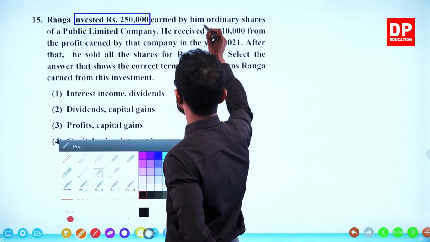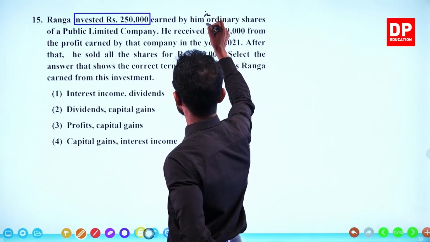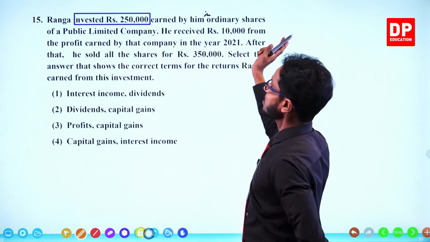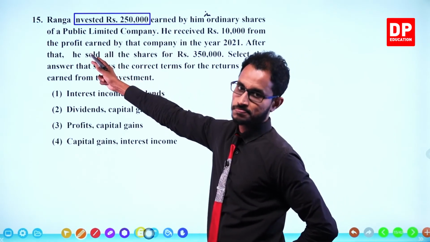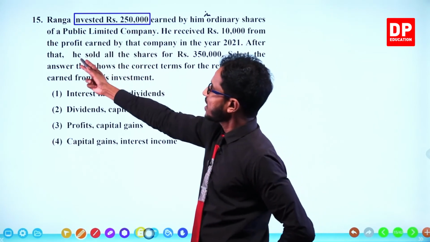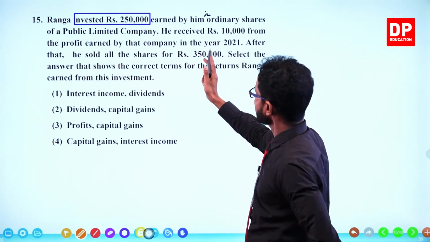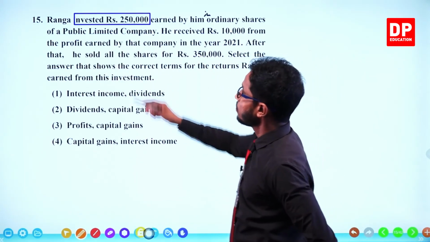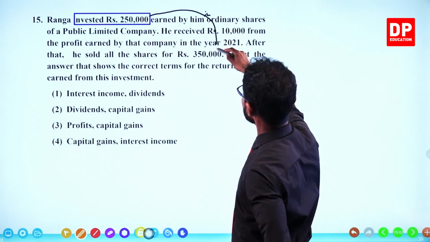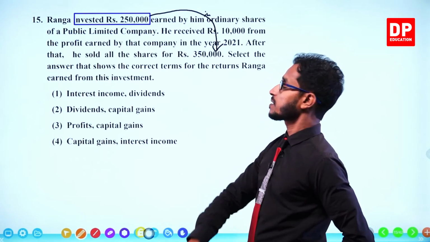After that, he sold all the shares for 350,000. Bought for 250, sold for 350. That is nice.